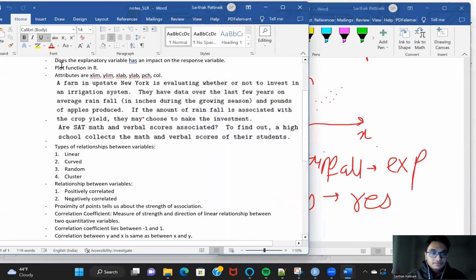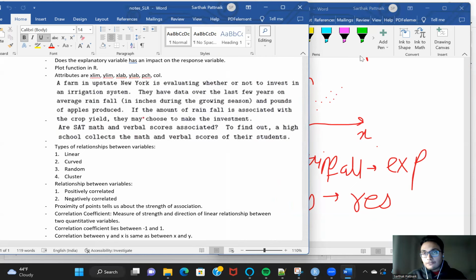Taking another example, the next example says: are SAT math and verbal scores associated? To find out, a high school collects the data for math and verbal scores of their students.